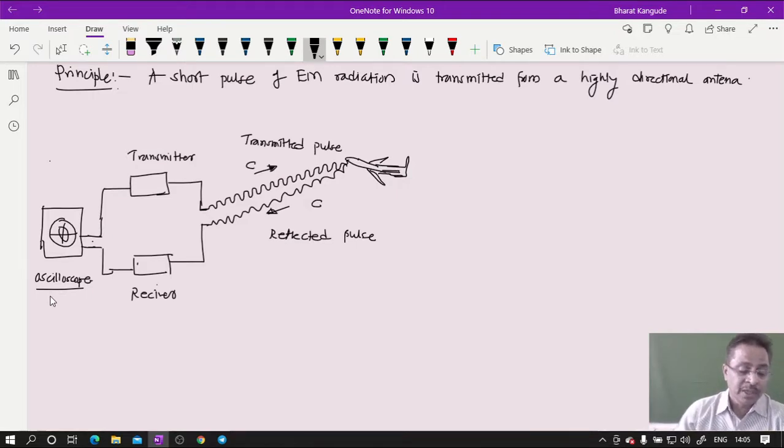So a short pulse of EM radiation is transmitted from a highly directional antenna.